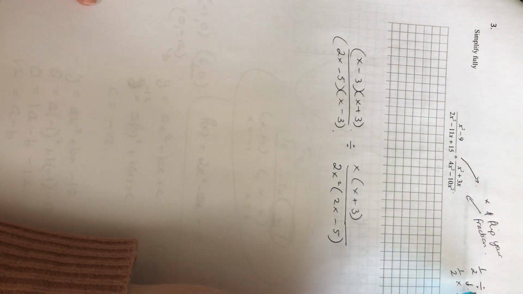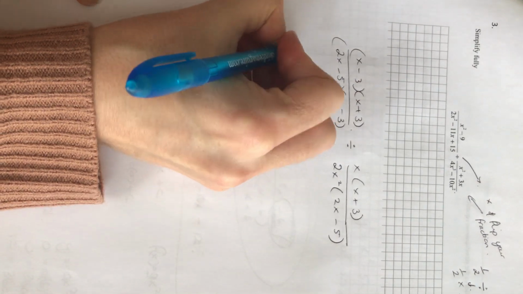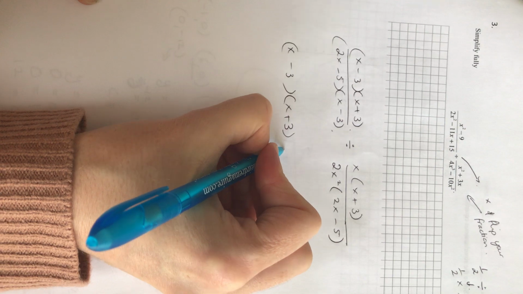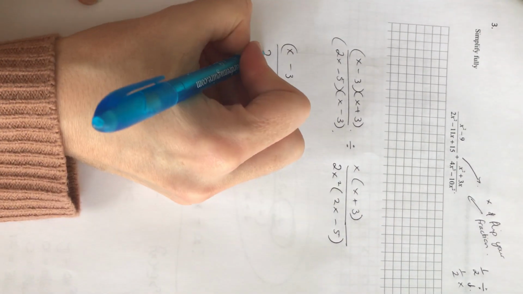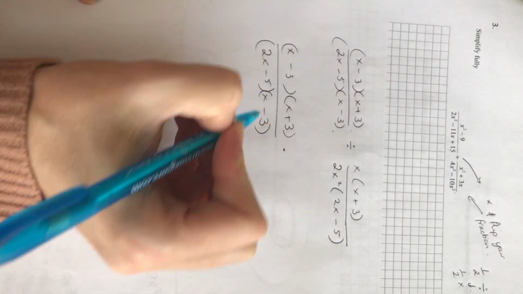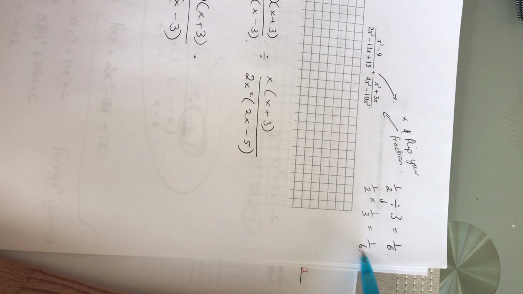So now, if I want to simplify, I have to factorize, but I'm not finished yet. I need to do this here where if I'm doing division, I'm changing my division sign to multiplication. So I'm just going to put a dot there for multiplication, and I invert my second fraction. And that's just a method that I figured out from basic maths from primary school.